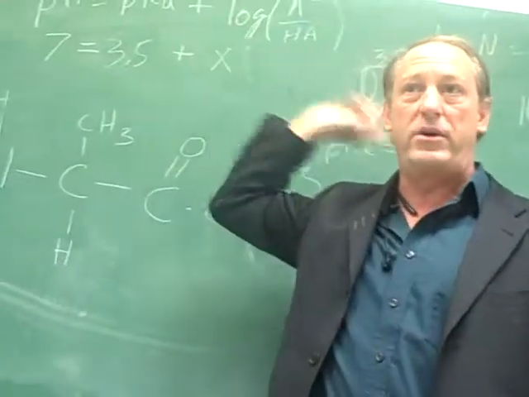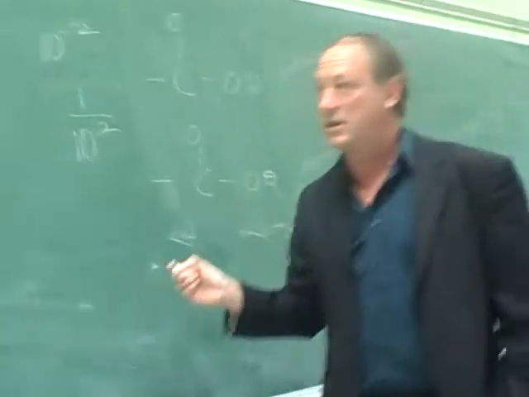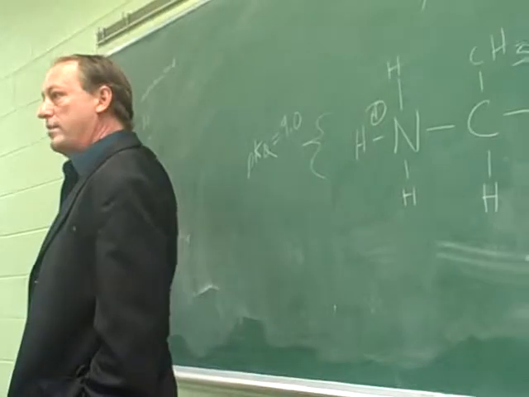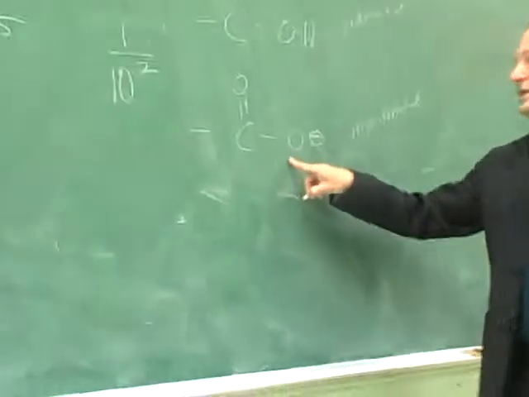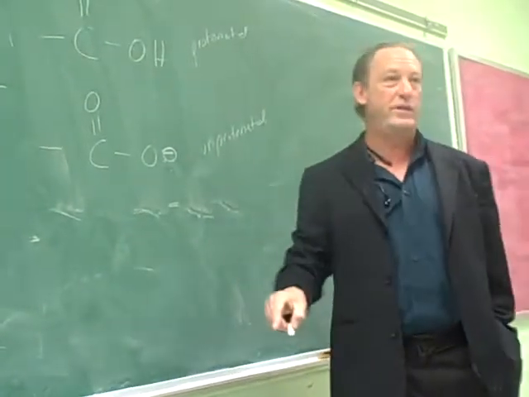Okay? And so the first thing to know, if you're completely new to this, is it's only these two functional groups you got to worry about. Carboxylic acid has these two forms, and amine has these two forms, right? We call this form of it the carboxylate, the one that's missing the hydrogen, the unprotonated form.